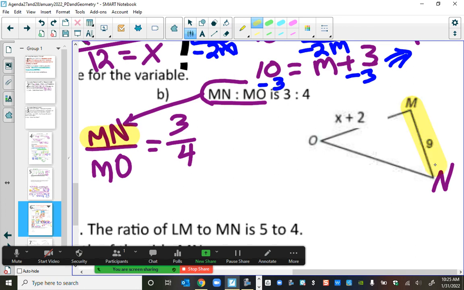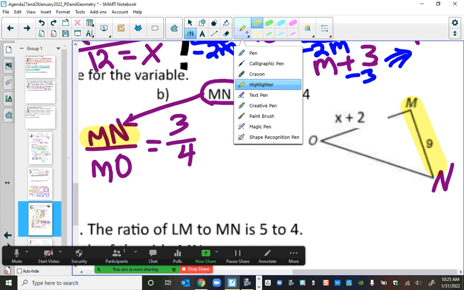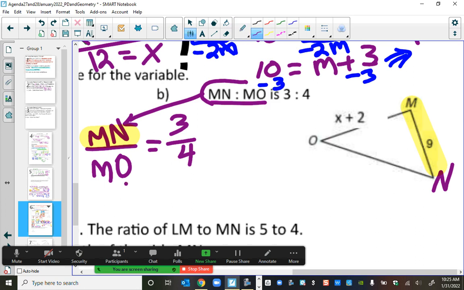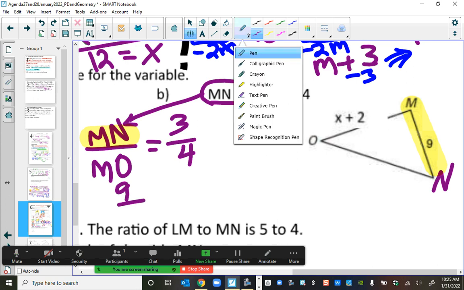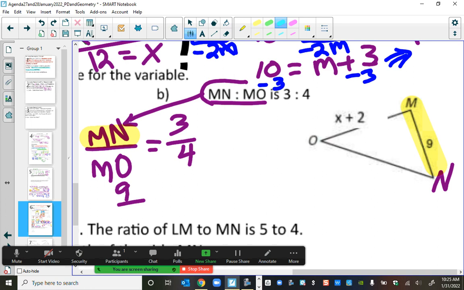MN is 9 over MO. Well, what expression is MO? MO is what expression? X plus 2.